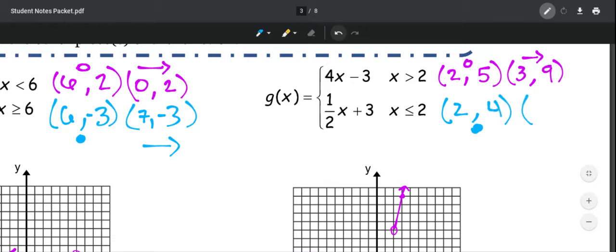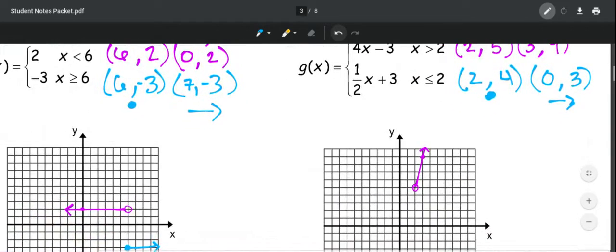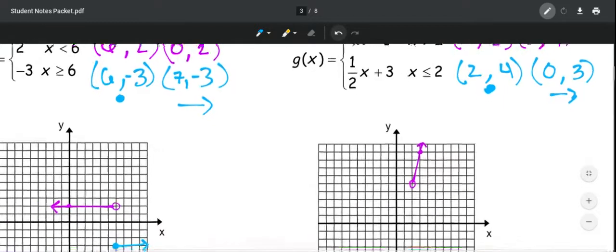Now, when I pick another number less than 2, if I pick 1, it's a half, which is fine. That's not a big deal. But I like zeros too, because then this time it gets rid of the half. So 0 times a half is 0, plus 3 is 3. So you can pick a number that's a little easier to graph too.